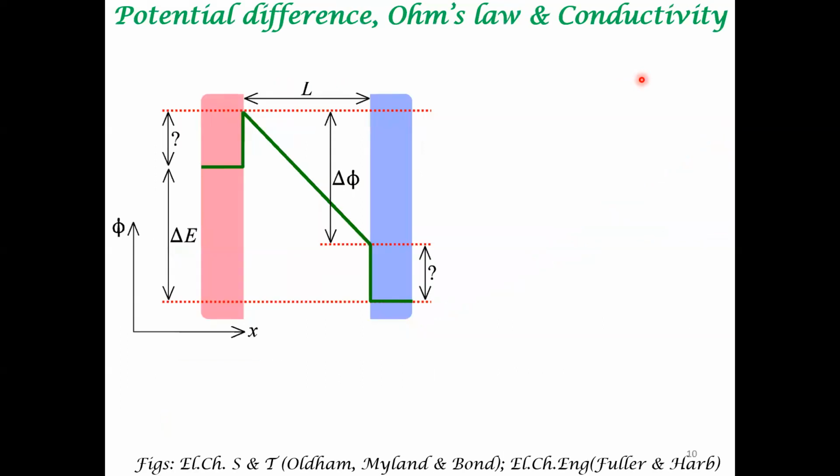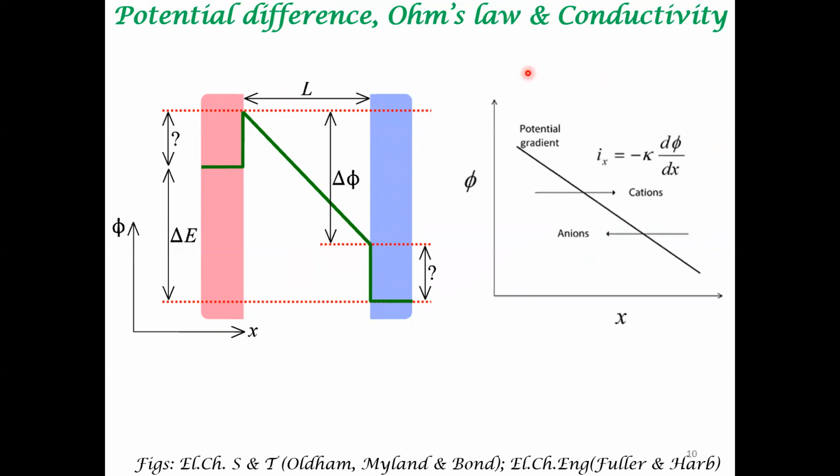But even in the simple systems, it's useful to relate your notions of Ohm's law, right? So here, let's say you have a potential drop in the ionic conductor, in the electrolyte. In response to this potential gradient, there is flow of current.